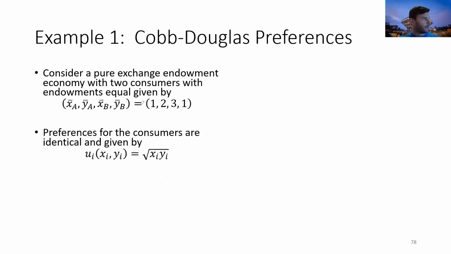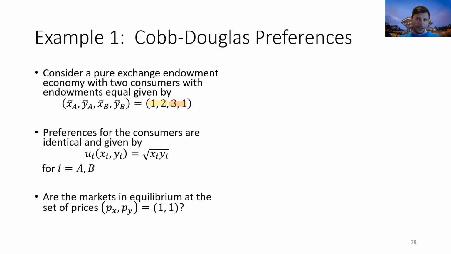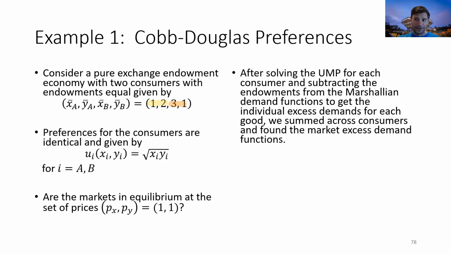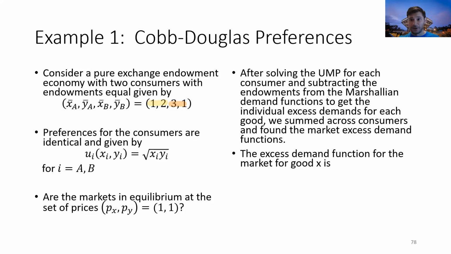A had 1 unit of X endowed, 2 units of Y. B had 3 units of X, 1 unit of Y. They both had identical Cobb-Douglas preferences. And what we want to think about is checking things like, hey, at a given set of prices, are the markets in equilibrium or not? And the way we can verify this very easily is by looking at the aggregate excess demand functions for each market.